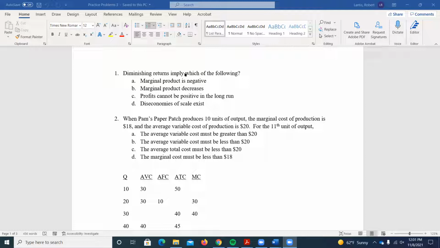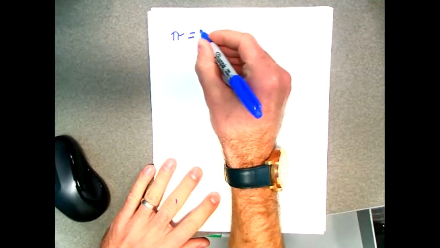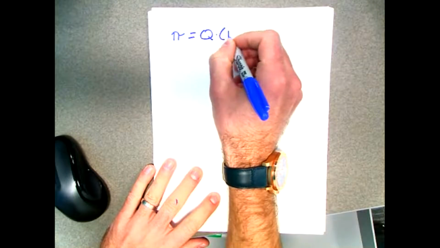I will use these screens to display a couple formulas to you. So I think the one main one that you'll see is this one.